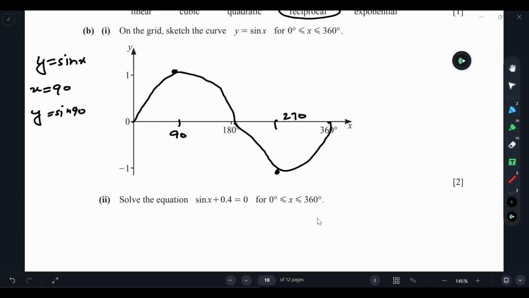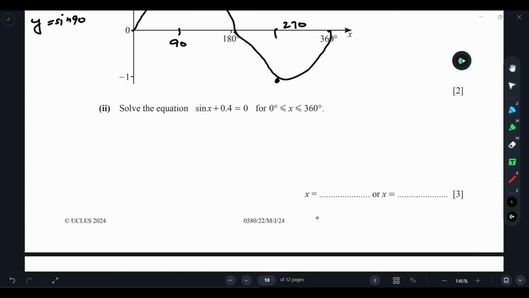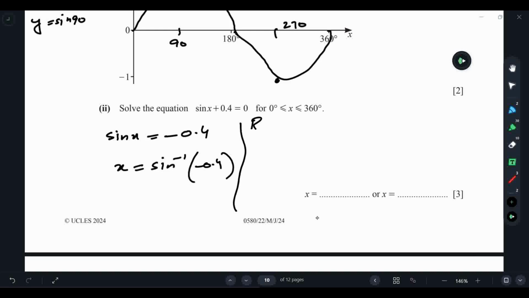Okay, solve the equation this. Now for the second one, we can write it as sine of x is equals to minus 0.4, and then x will be equals to sine inverse of minus 0.4. Now the first thing we need to do is find out the reference angle first. This will be the process.